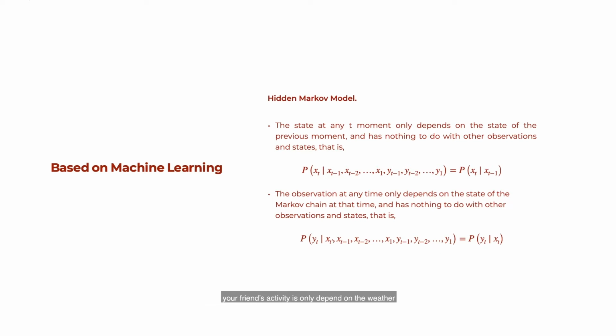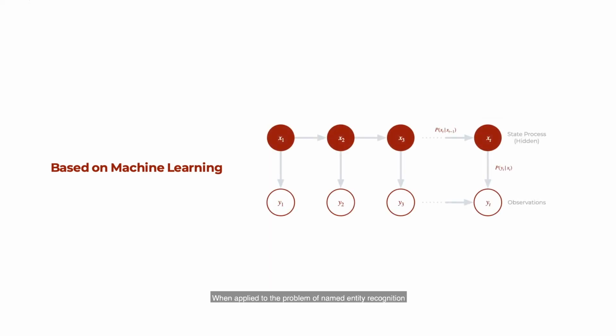Your friend's activity only depends on the weather, and your prediction can only build on what he did today. So the weather is a hidden layer in this example. When applied to the problem of named entity recognition, the part of speech tags are the hidden layer, and the text is the observations. The tagging problem can be seen as a sequence tagging of a given observation sequence.